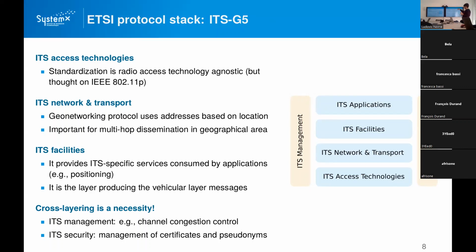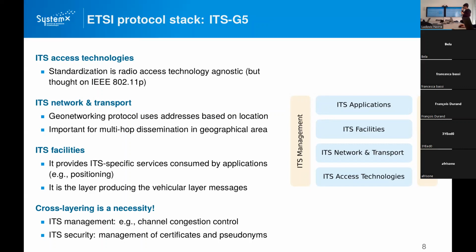You have a layer which is called ITS facilities, which is specific to this application as well, because it is the layer that provides ITS specific services to the applications. And it is also the layer that produces the messages, so it is the layer that sends the CAMs and CPMs.